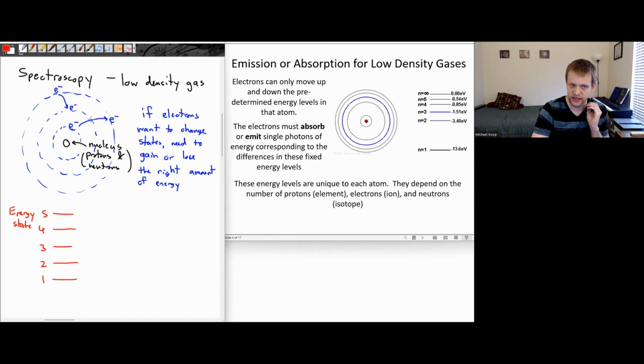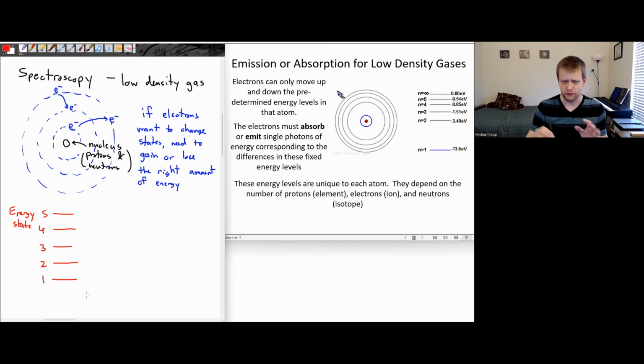The next highest state would be the next rung around the atom, and you could go on more and more from there. Each one of these states corresponds to a very specific amount of energy that the electron has. We're going to use this energy unit called eV, electron volts. It's not important what that physically corresponds to right now. Just say for now, it's some unit of energy.